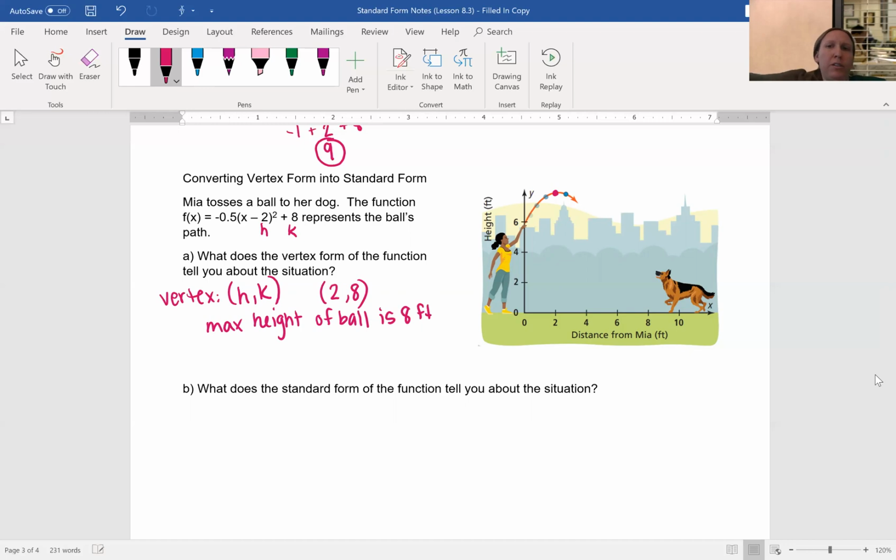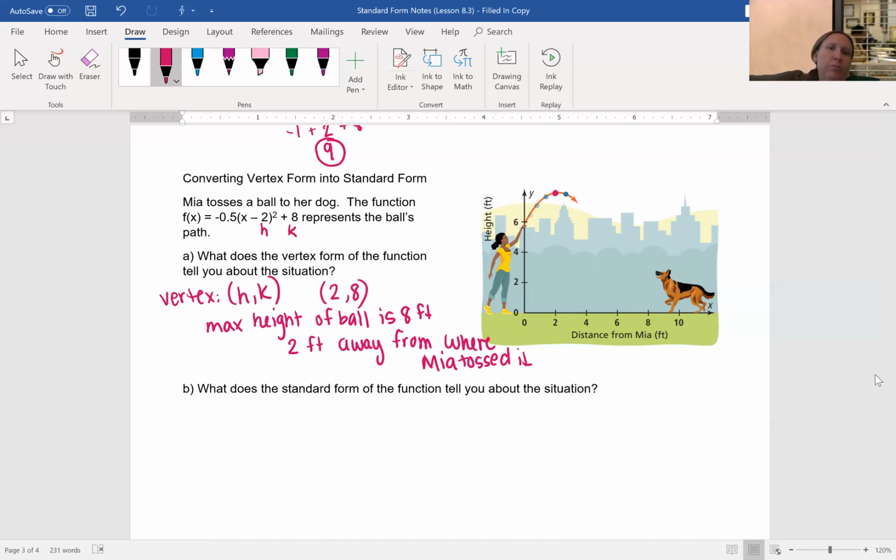And we also know that that happened 2 feet away from where Mia tossed it. So vertex form gives us the vertex, which helps us know where that highest point is.